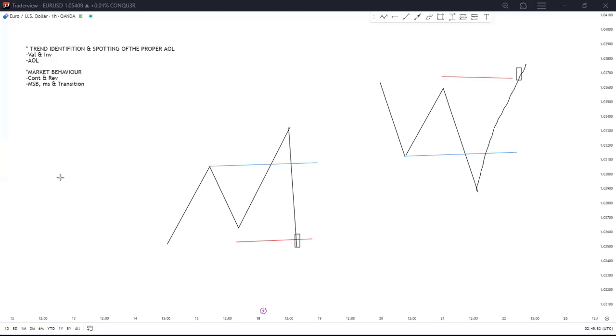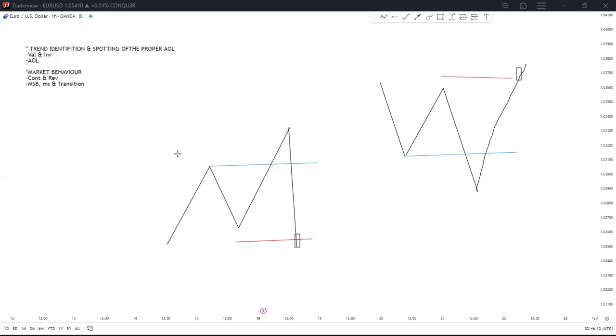So this is our validation point and the invalidation point, and I hope everyone now understands why we consider it the validation point and why we consider it the invalidation point. Every reason was extracted from the trend behavior.